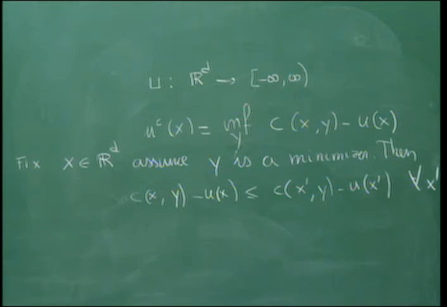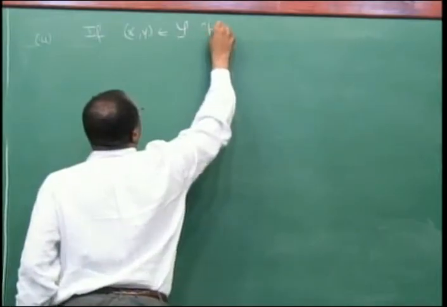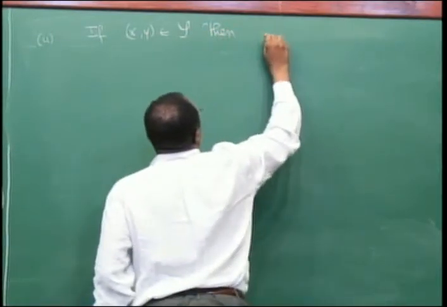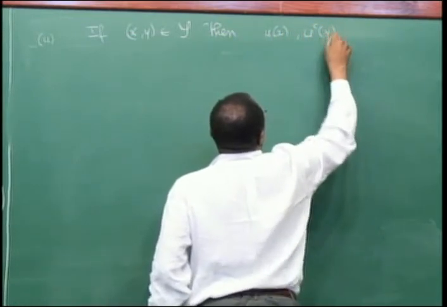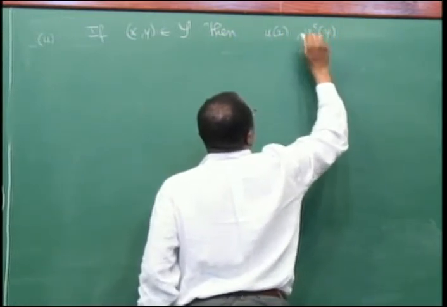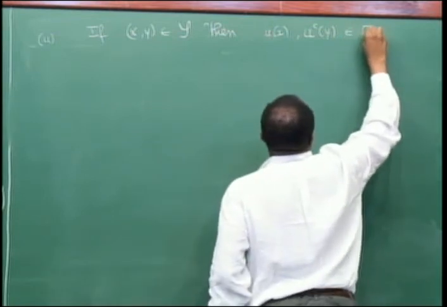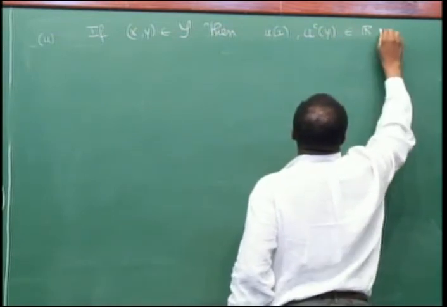Second, if (x,y) belong to S, then u(x) and u^c(y) are finite. They are not plus infinity or minus infinity.